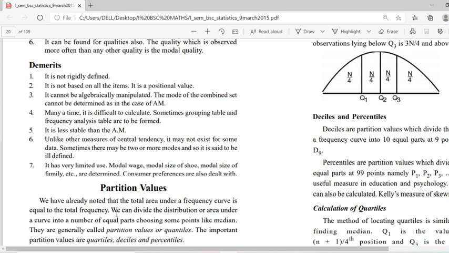You can see that arithmetic mean has more merits, but at the same time we have to use mode and median. Sometimes you are observing the flood level of a dam.